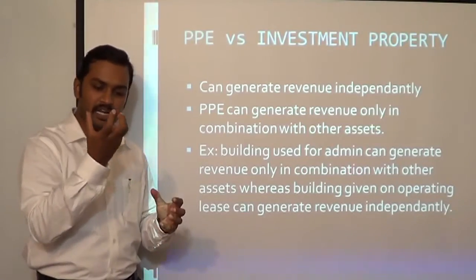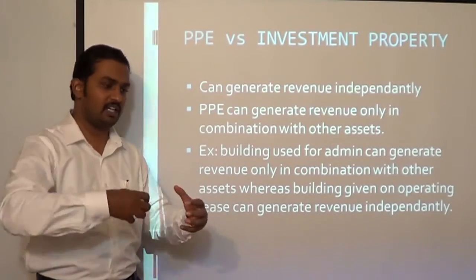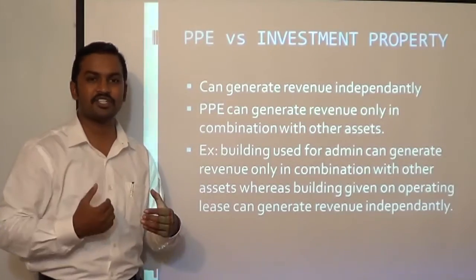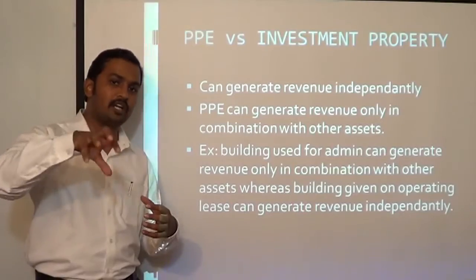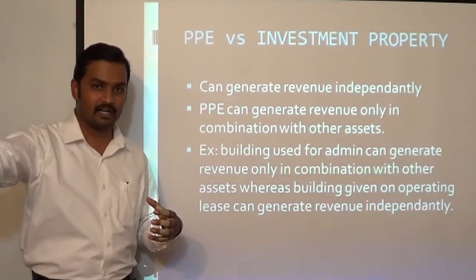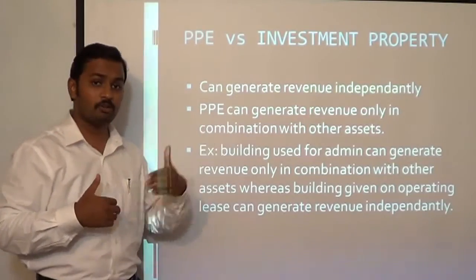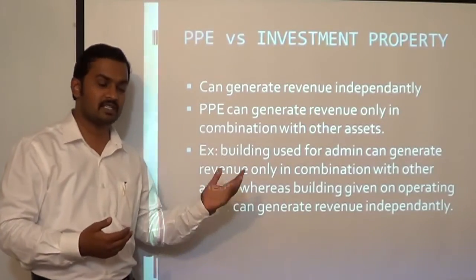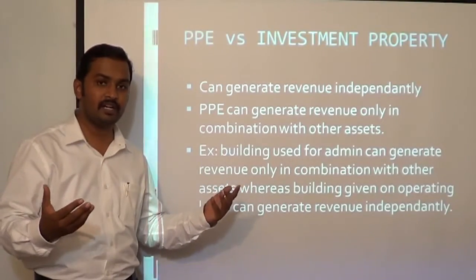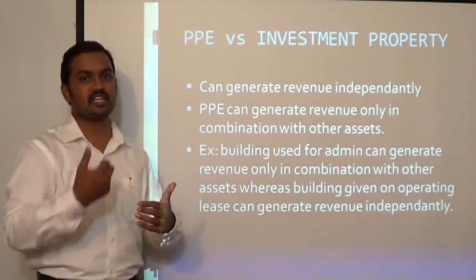That means the administrative building along with the factory and other functions can generate revenue together but not standalone. But if you give the same building on rent to others, it will be capable of generating revenue independently. So investment properties are capable of generating revenue independently, whereas owner-occupied properties are not. Only in combination with other assets can they generate revenue.